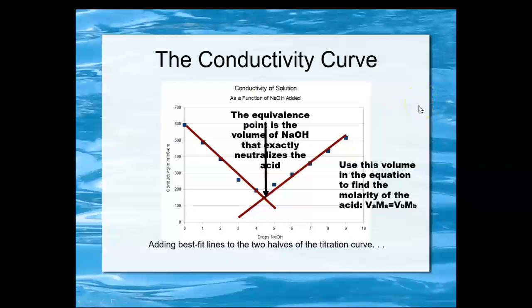We started off knowing the molarity of the sodium hydroxide, and here's the volume of sodium hydroxide that is then added. We started off knowing there were exactly 5 drops of hydrochloric acid, and so we solved this equation for the molarity of the acid, the volume of base times molarity of the base divided by the volume of the acid, and we now have calculated the molarity of the acid.